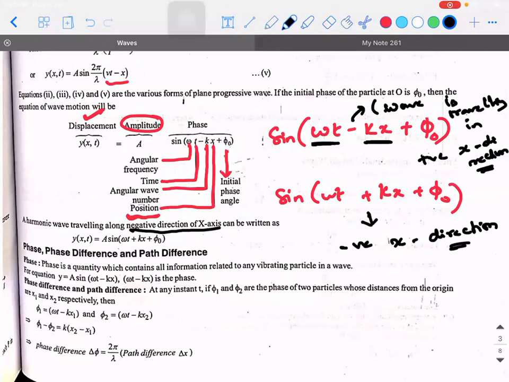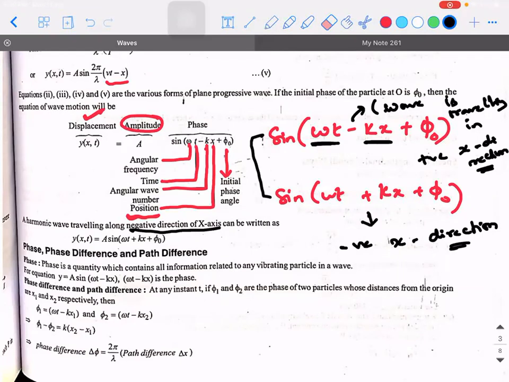Sir, where do we use these two formulas? I'll tell you. You have an important application of it. This chapter is mainly learned for music purpose. If you know the basics of this chapter, you can actually design your own musical instrument also. I'll explain everything, please wait till I come to that point.